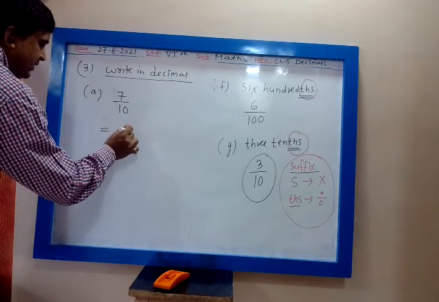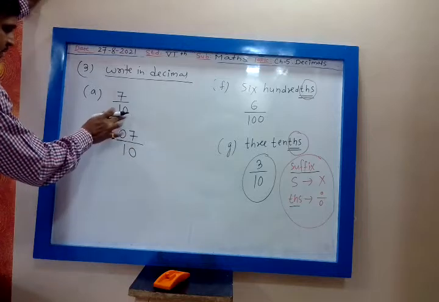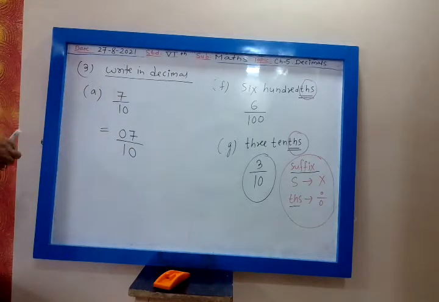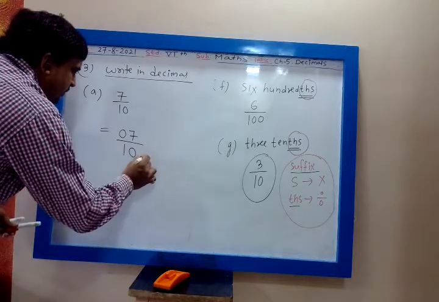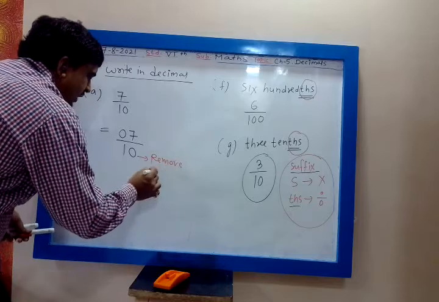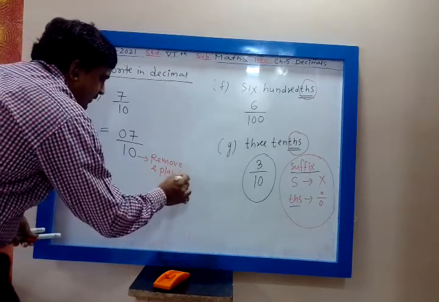I will write 0, 7. Now you have to place the decimal. So whenever you are removing, now you have to remove 0 and place decimal.